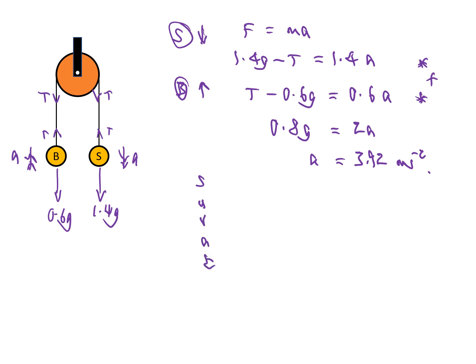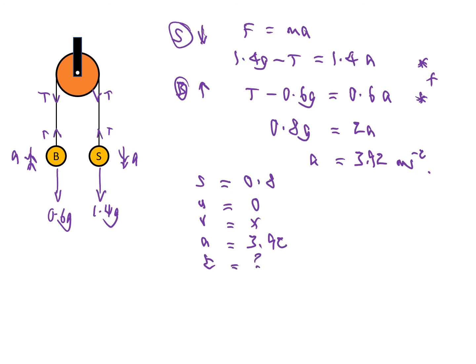The displacement is 0.8. We're assuming it's released from rest because the question doesn't actually say that, but we're making that assumption. We're not interested in V at the moment. We've just worked out that A is 3.92, and we're trying to find T.